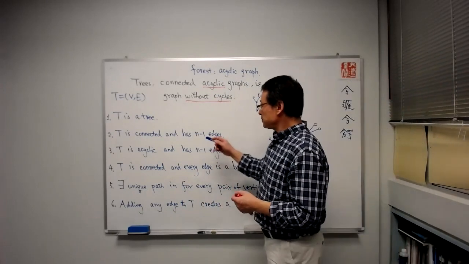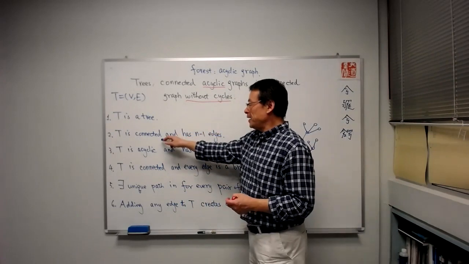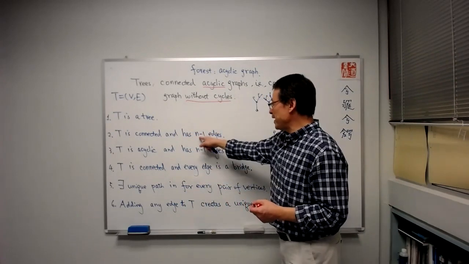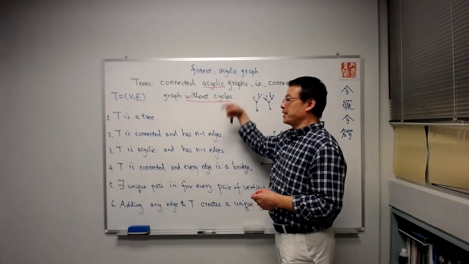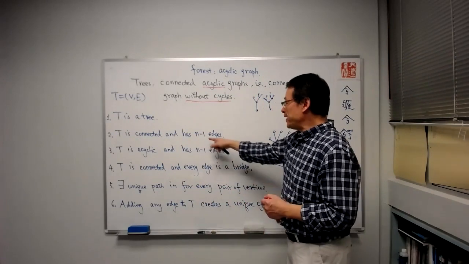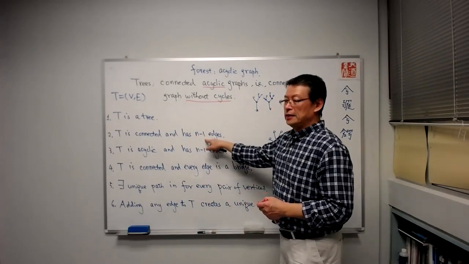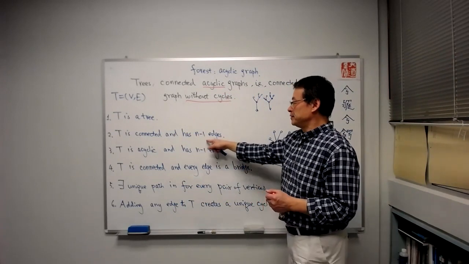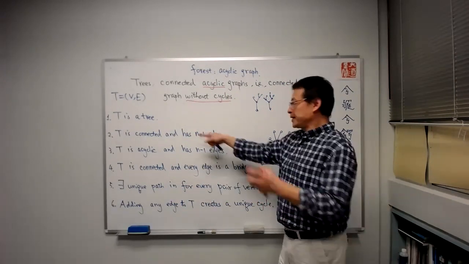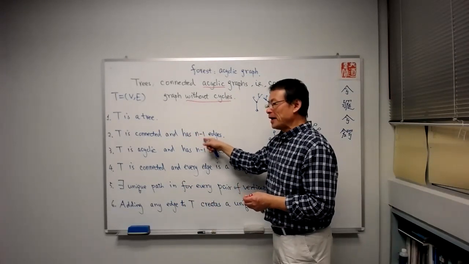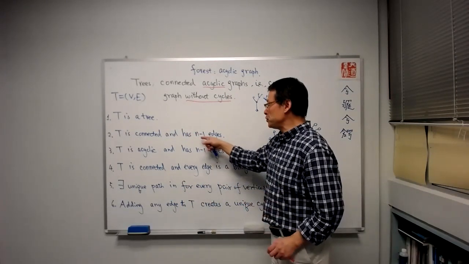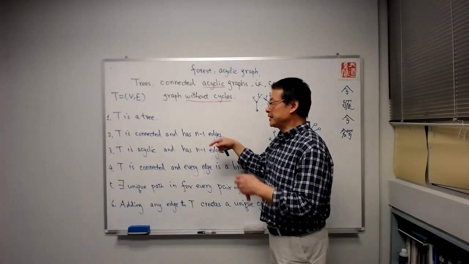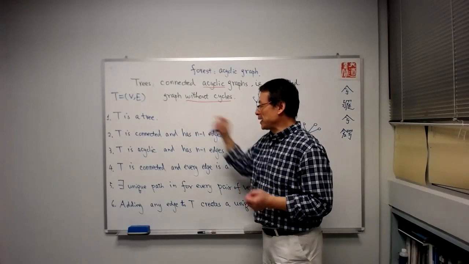This one says as long as T is connected and has n-1 edges, then it gives us a tree. The number of edges, n-1, actually rules out the possibility of a cycle. So it's connected and has n-1 edges, so we don't have enough edges to create a cycle. Therefore, it has no cycle, so it becomes a tree.